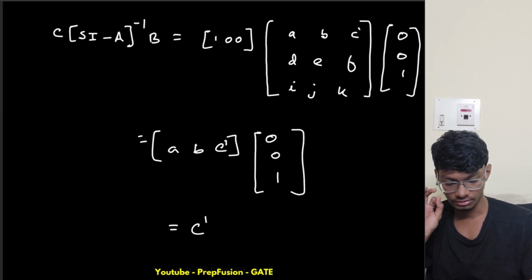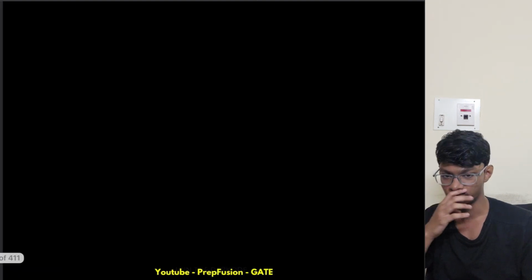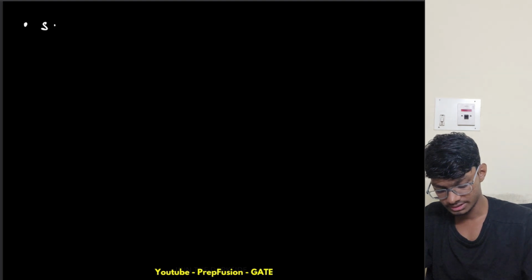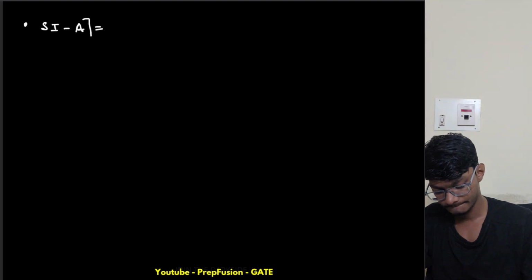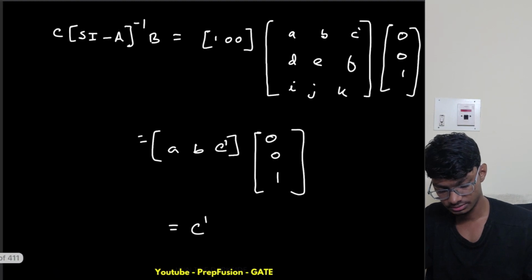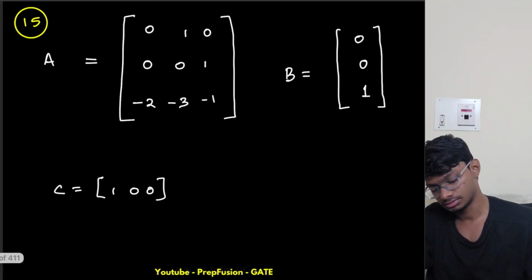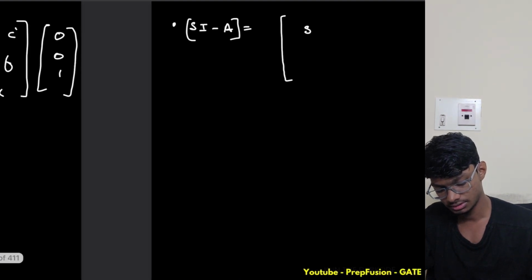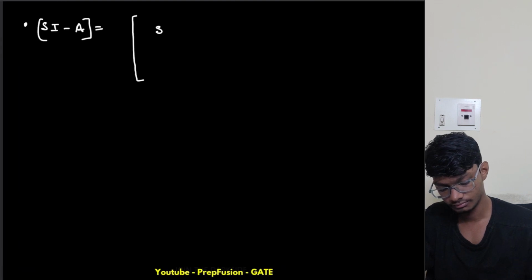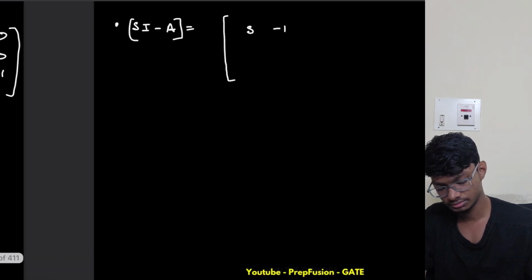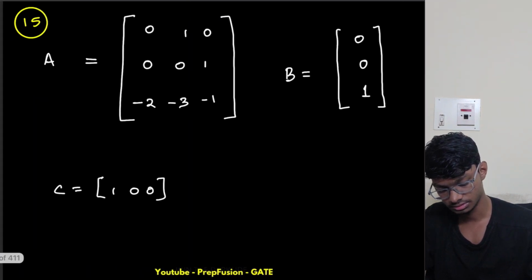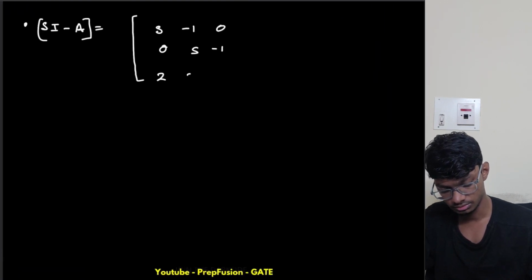First I will compute sI minus A. So my sI minus A is: s, minus 1, and 0, everything else 0; then s, again minus 1; and then 2, 3 and s plus 1.